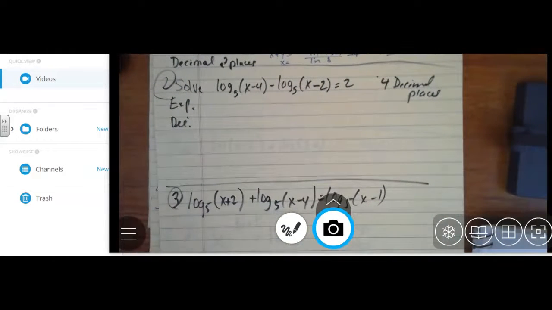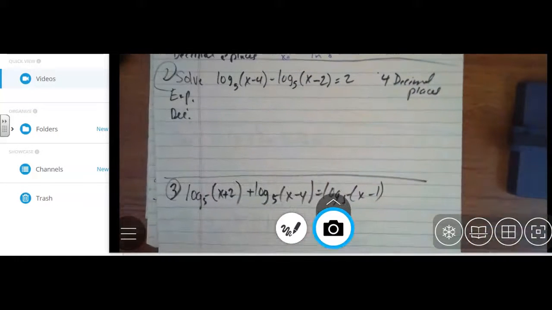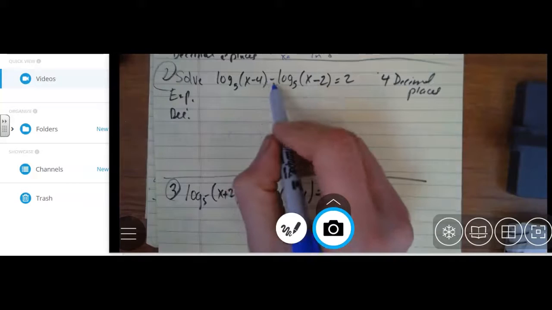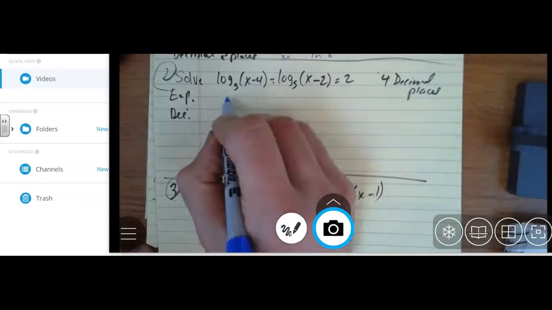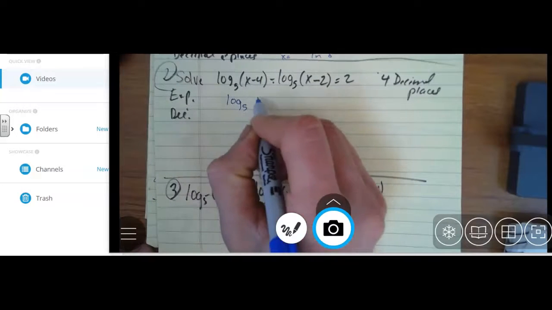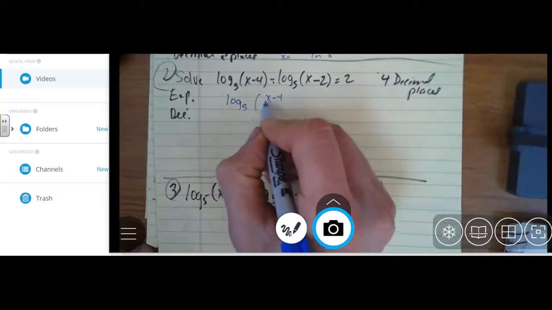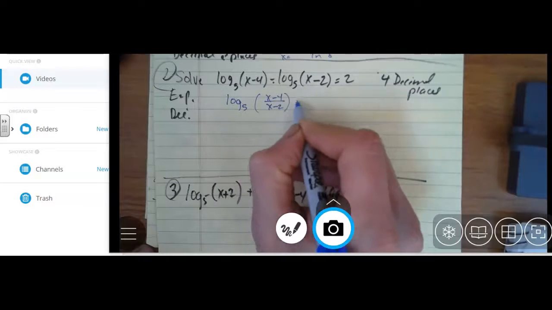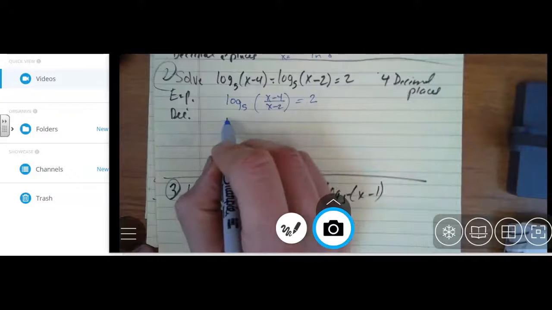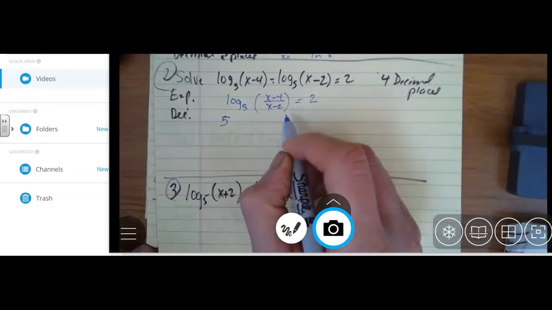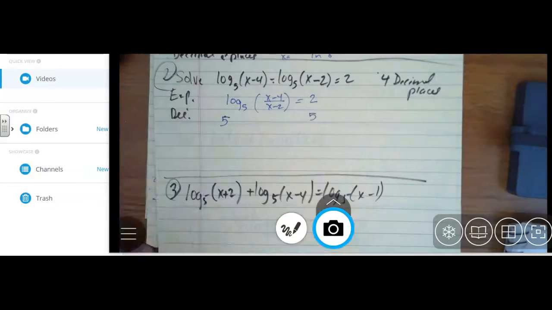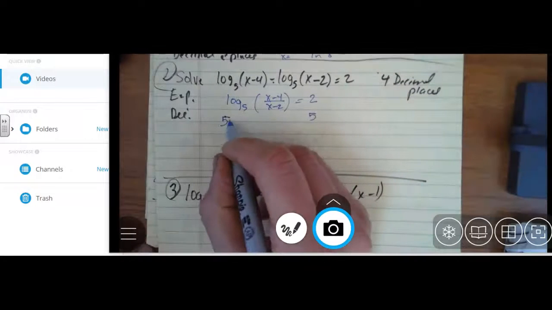Next one down here, we're solving this equation. And what we need to do here, we need to remember that division is related to subtraction. So we can write this as one single log: log base 5 of x minus 4 over x minus 2 is equal to 2. And then if we take 5 as the base for each side, then 5 to the log base 5.